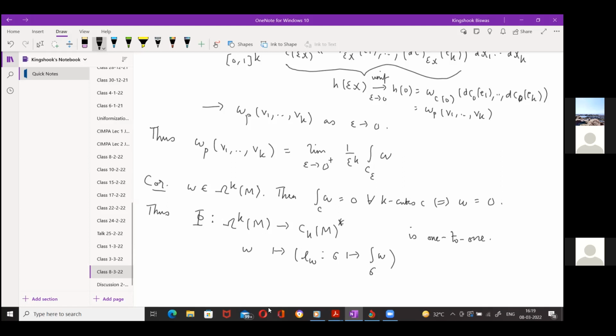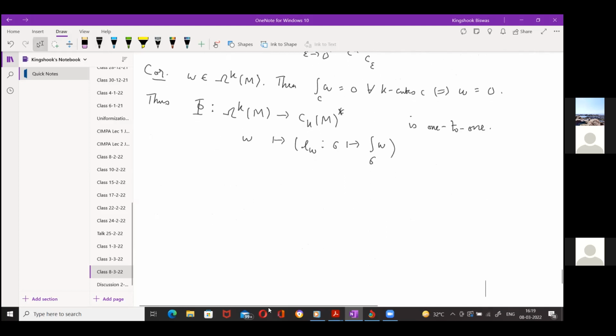The question is, does delta star map (k-1)-forms to k-forms? The dual of delta, does it preserve the subspaces of forms? Do you understand the question? No, sir. Repeat this. So maybe I should just write it.